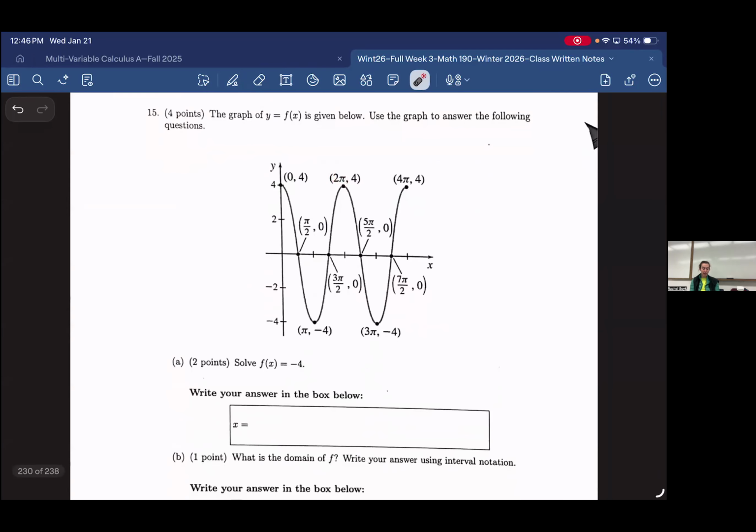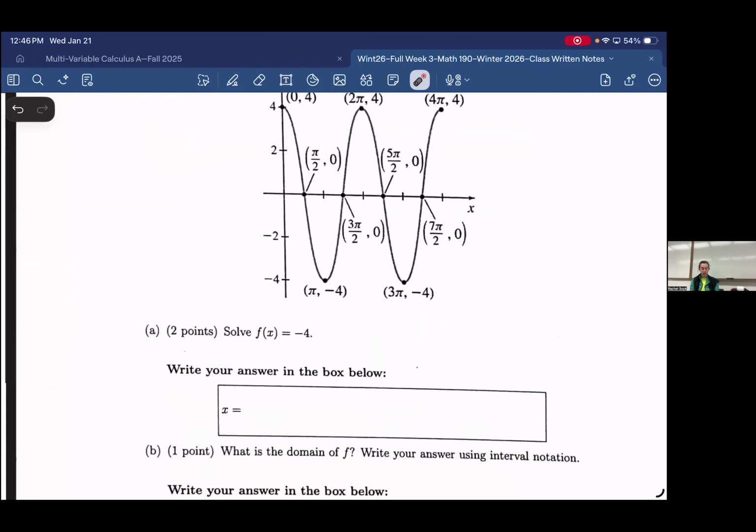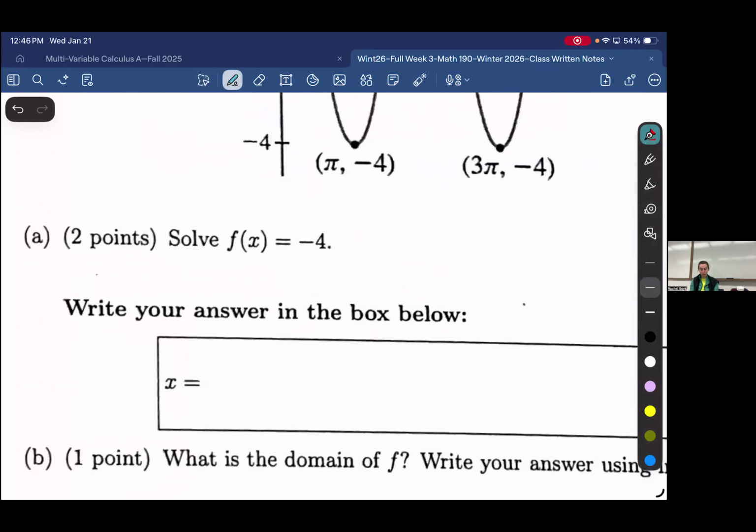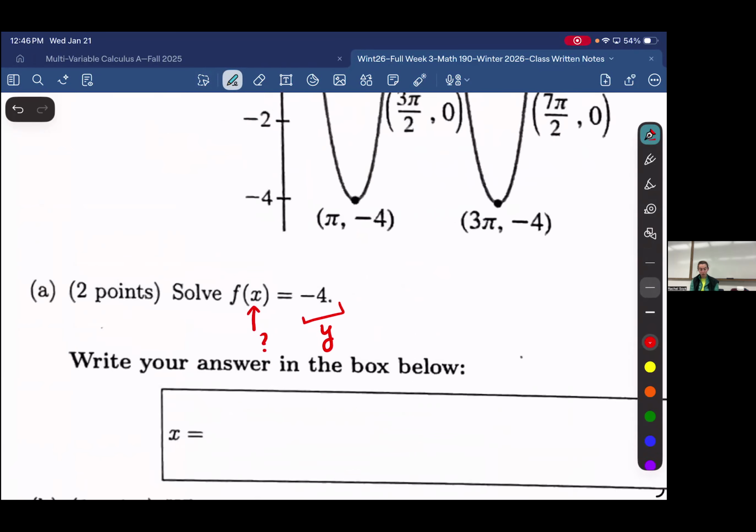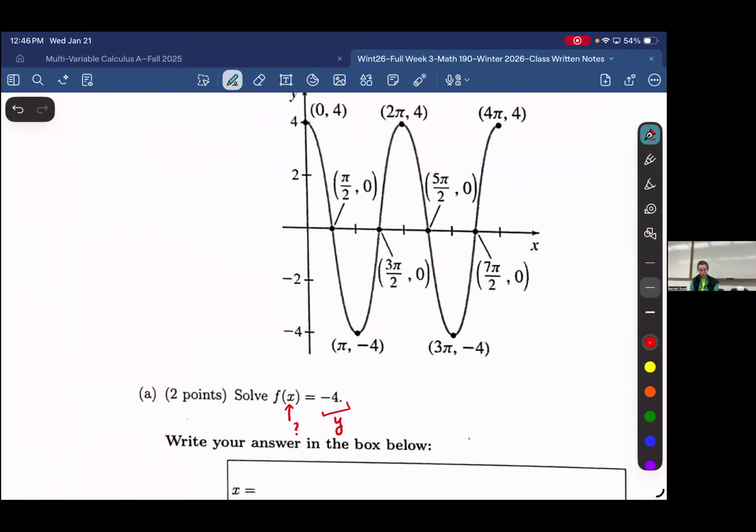So part A is asking to solve f of x is equal to -4. This -4 is your output value, your y. So when y is -4, what is your x? So go to -4 on your y-axis, go down to figure out what your points are, and they even give you the coordinates.